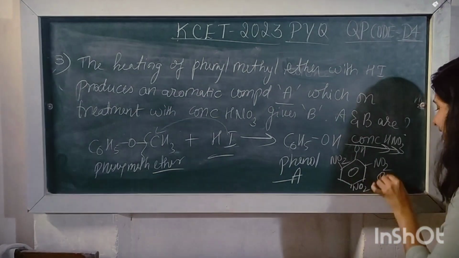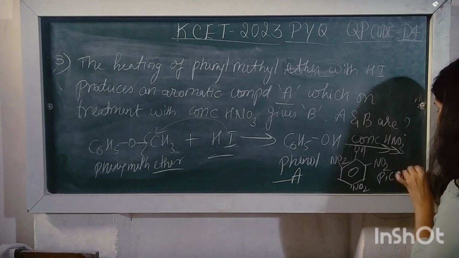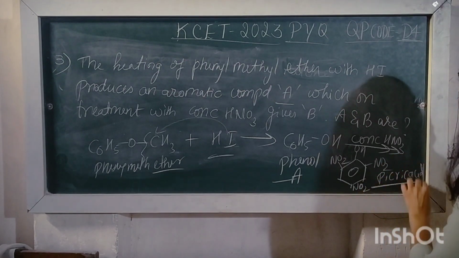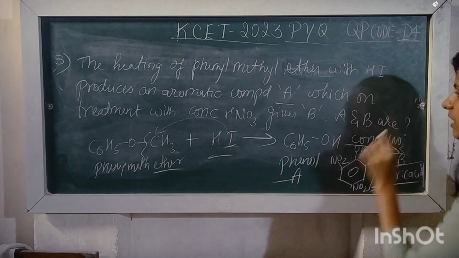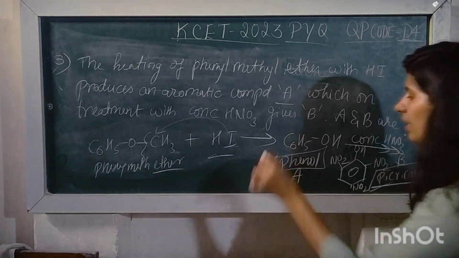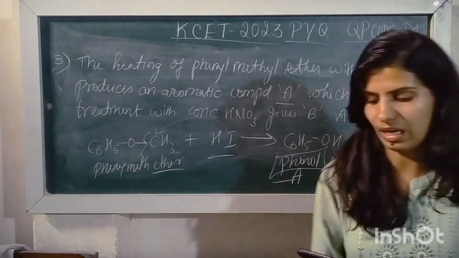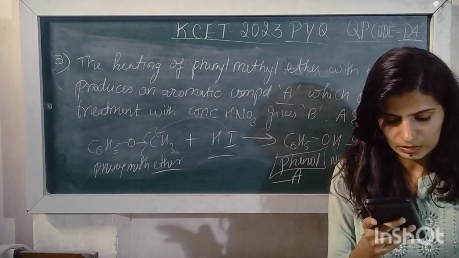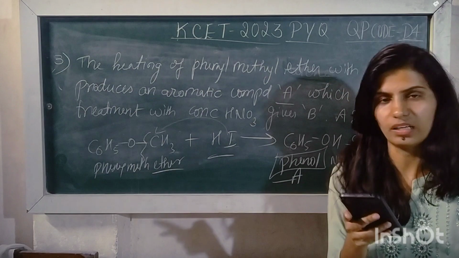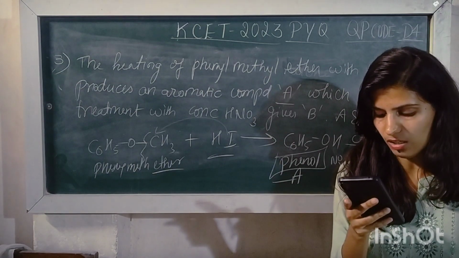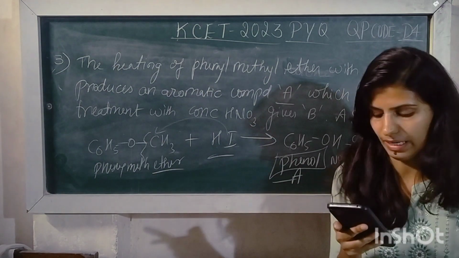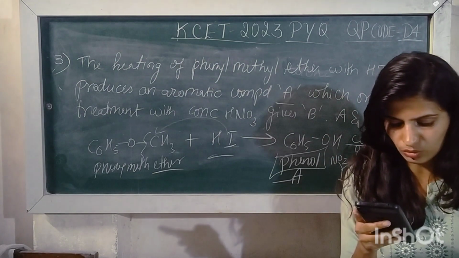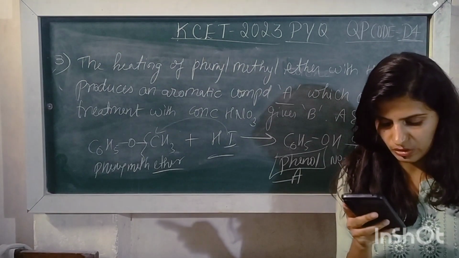This is picric acid. So we got phenol as A and picric acid as B. In the options, option number B is the correct answer: phenol and picric acid. Next we will move on to the next question.